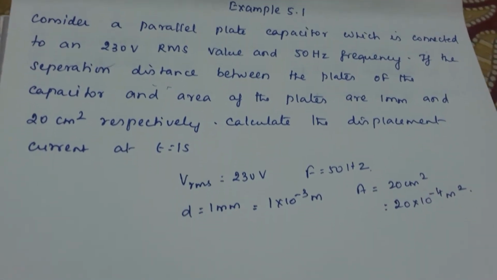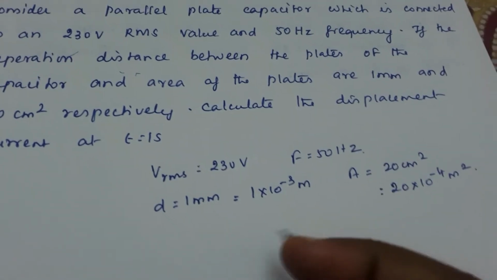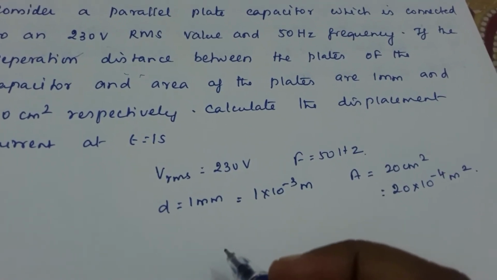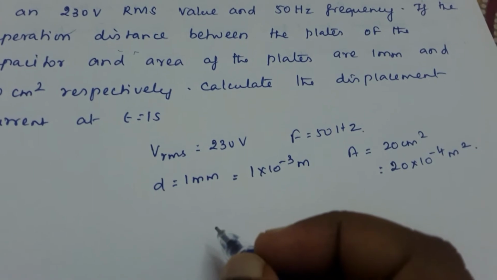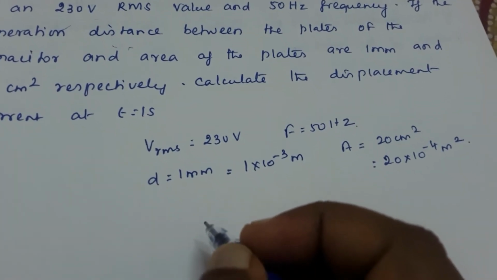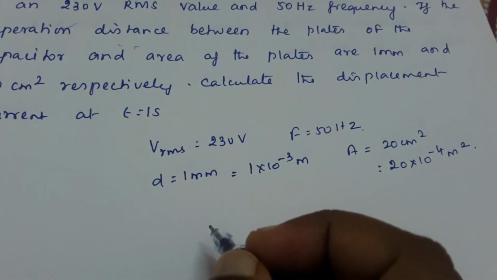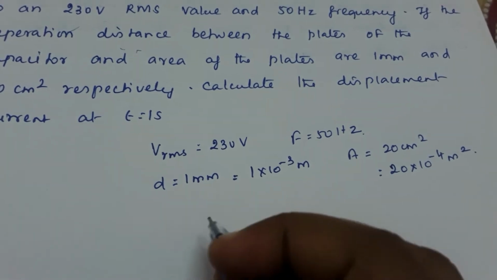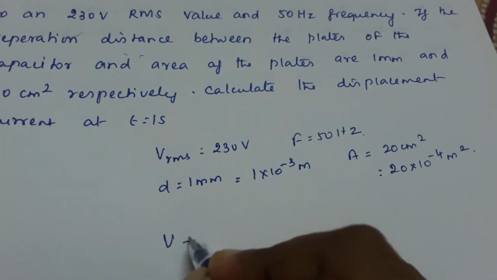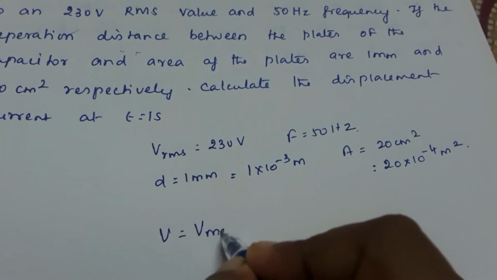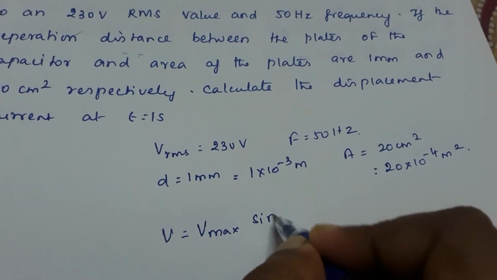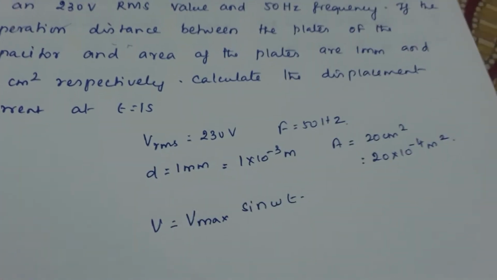Now we have to find out the displacement current. Before finding displacement current, I have to find out the potential difference between the plates of the capacitor. So I have to use the formula V is equal to V maximum into sine omega t.